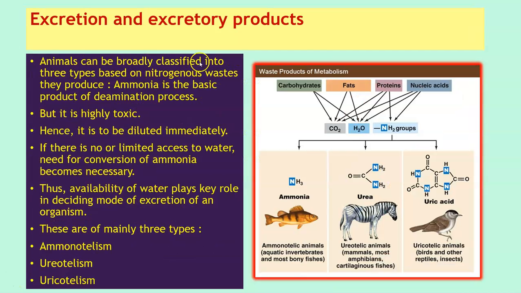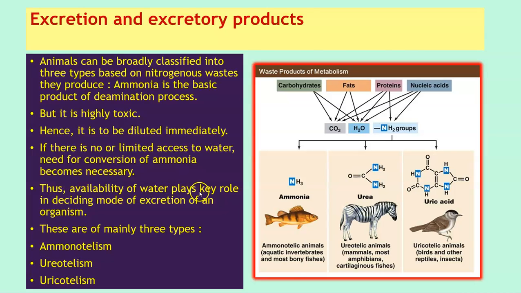Students, animals can be broadly classified into three types based on the nitrogenous wastes they produce. Ammonia is the basic product of the deamination process, but it is highly toxic. Hence, it is to be diluted immediately. If there is no or limited access to water, the need for conversion of ammonia becomes necessary.